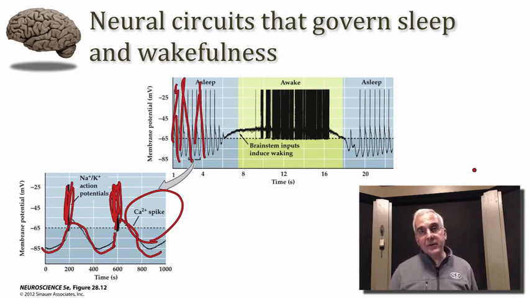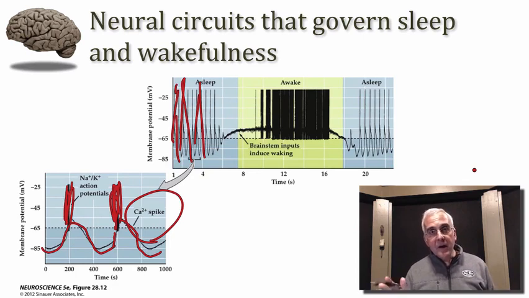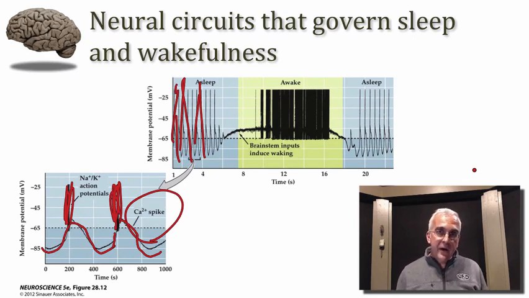And when these cells are oscillating, they are not responding to the inputs that they might otherwise convey onto the cerebral cortex. So this oscillatory mode is a means of physiologically disconnecting the thalamus from the outside world.